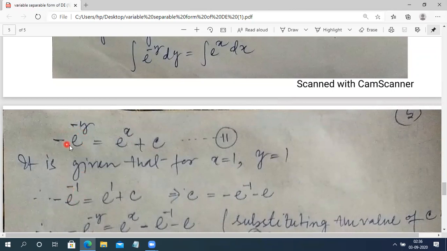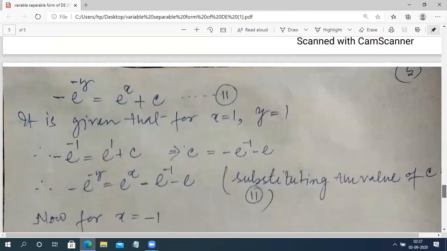It will be negative of e to the power negative 1, and this is equal to e to the power 1 plus c. So we can write c is equal to negative of e to the power minus 1 minus e. So this is the particular value of the arbitrary constant c.